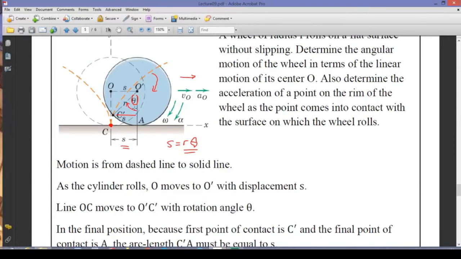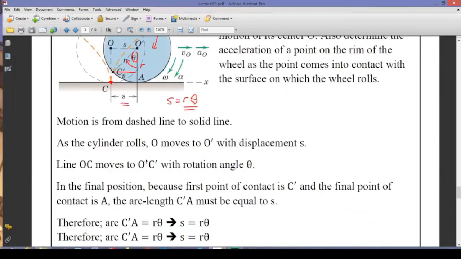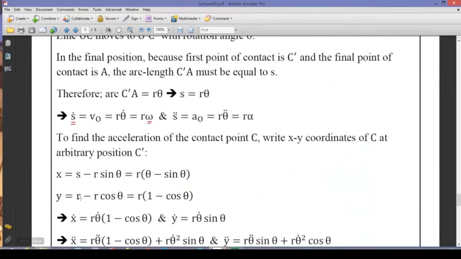We can find the projection of this point onto the y-axis, and that would be, this length is r minus r. Now the projection of this point onto this axis would be r cosine theta. So r minus r cosine theta would be the y-axis.